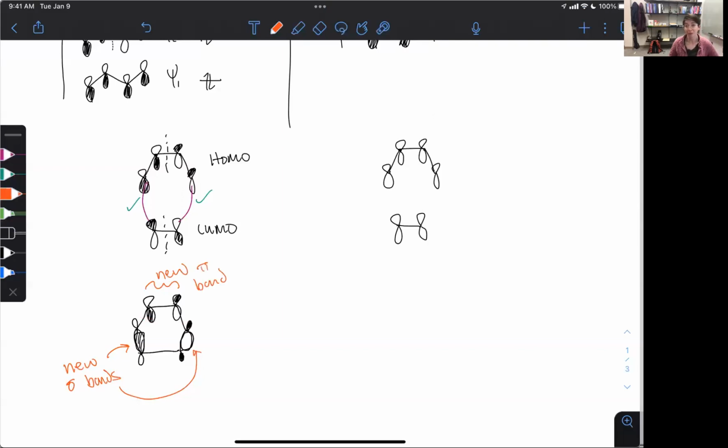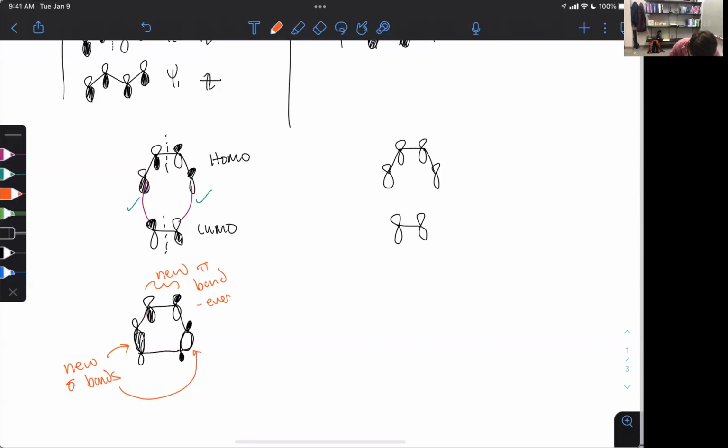Okay, and it looks like they're forming like an antibonding orbital right now, but just keep in mind, every pi bond has to have an antibonding orbital and a bonding orbital, right? You have to have even numbers of those two things. So even though this one looks like an antibonding orbital, there is a bonding orbital that is going to be corresponding to that pi bond as well.